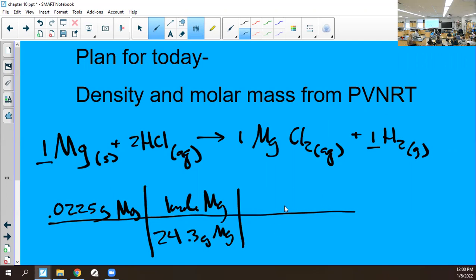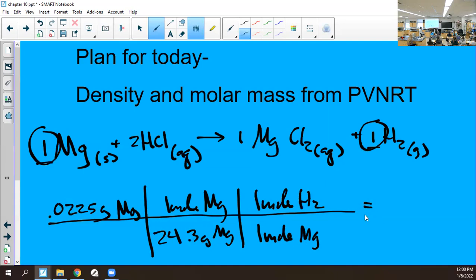Then this part you really don't need to do, because this is a 1 and a 1, but I'm just doing it the long way for clarity. Down here I need to get rid of mole of Mg, and there's 1. And I want moles of H2, and there's a 1. And that's how you would do it picket fence wise.